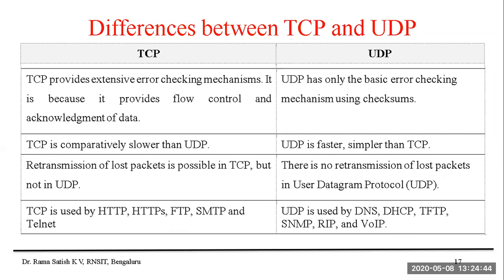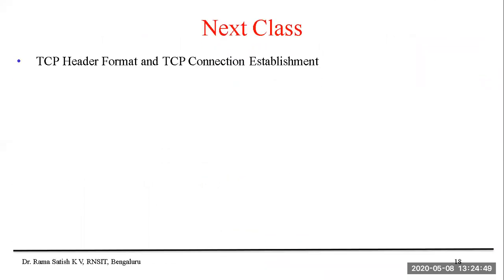With this, I'll end today's class. In the next class, we will discuss the TCP header format and connection establishment. Quickly, today we discussed UDP, how UDP maintains multiplexing and demultiplexing, why ports are being used, and finally what the checking mechanism in UDP is. The checking mechanism in UDP is checksum.